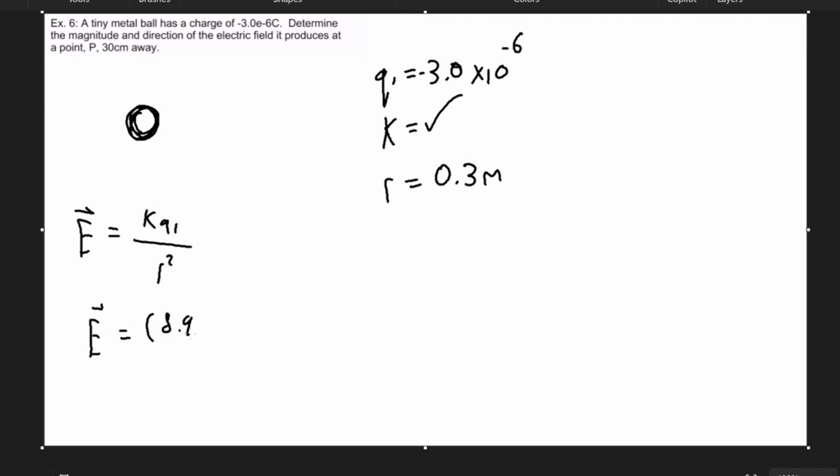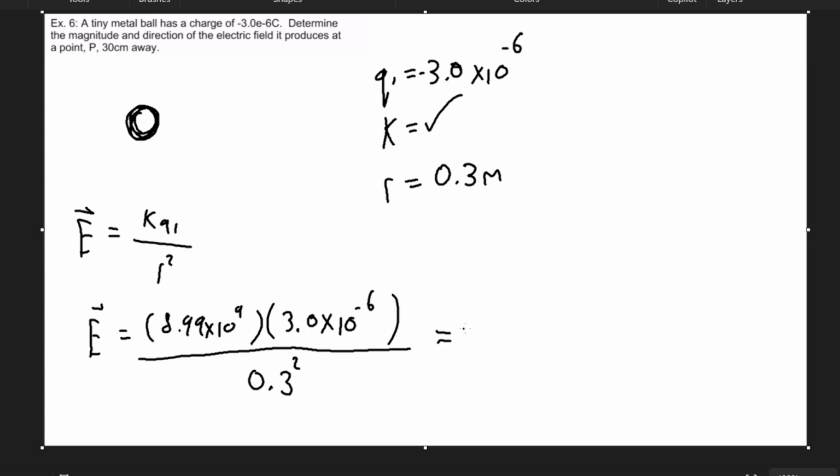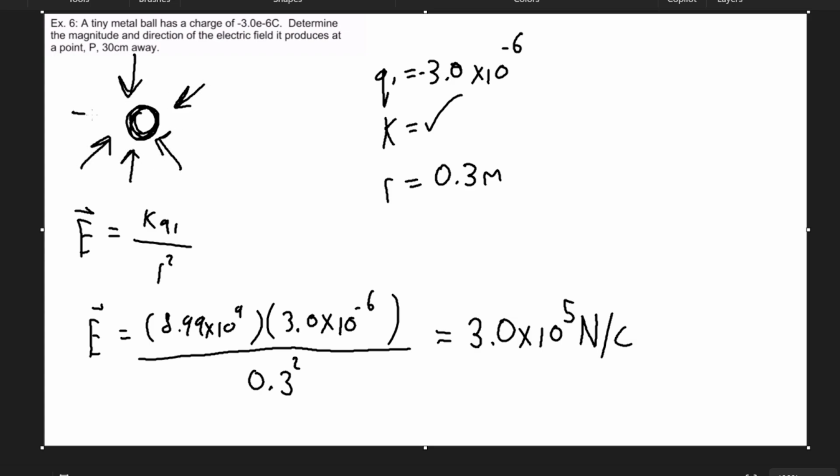So 8.99 times 10 to the power of 9 multiplied by Q1. And we always take the absolute value of it, so it doesn't really matter if we put the negative, because our answer has to be positive regardless. Over 0.3 squared, and then we get 3.0 times 10 to the power of 5 newtons per coulomb. And the tiny metal ball has a negative charge, so that means the arrows are going to be pointing towards it. So we just write inwards.